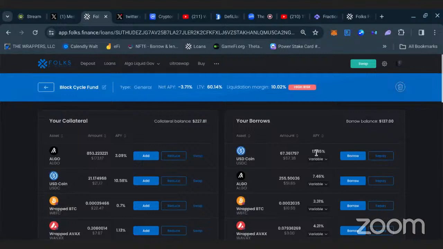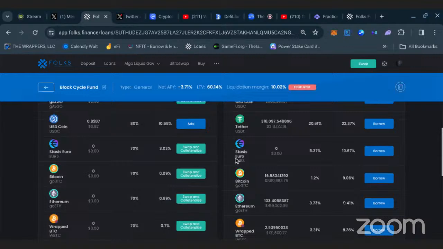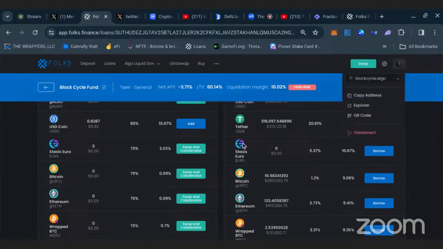I'm gonna repay the USD coin, and instead of having $67 in USD coin, I'm gonna turn it into $67 in euro because it's cheaper. I'm really peeping that right now. I'm gonna go fix that later. Okay, that makes sense.